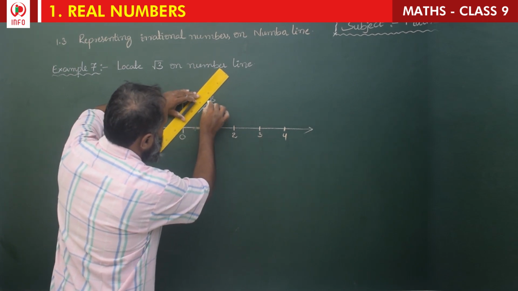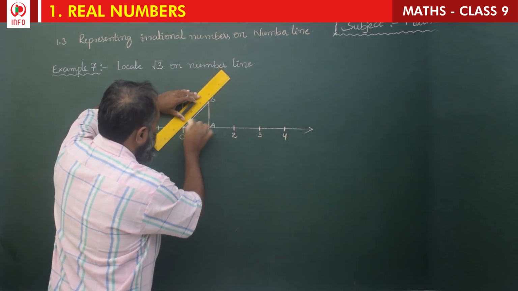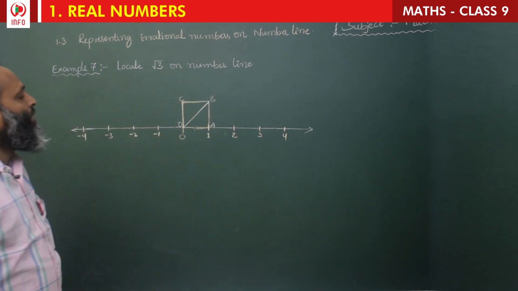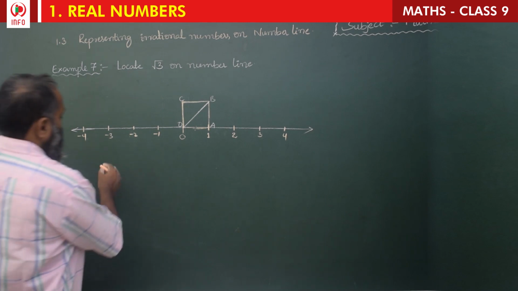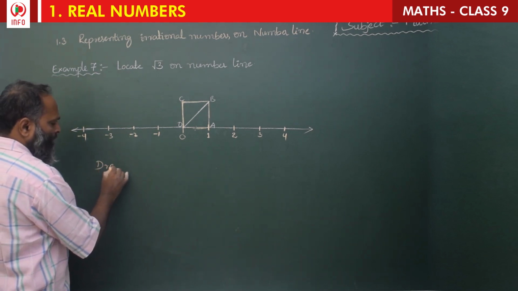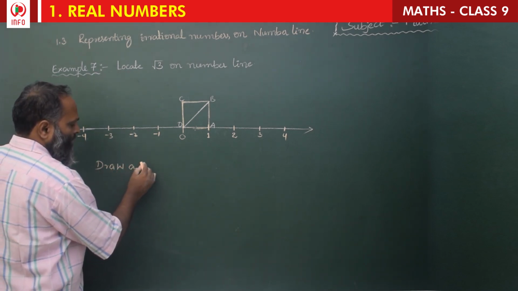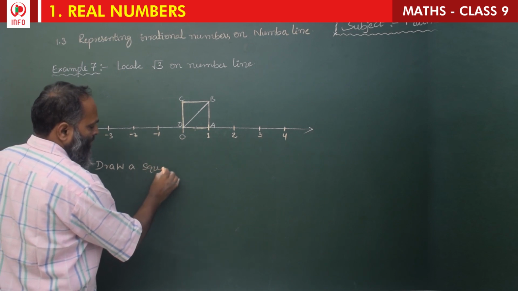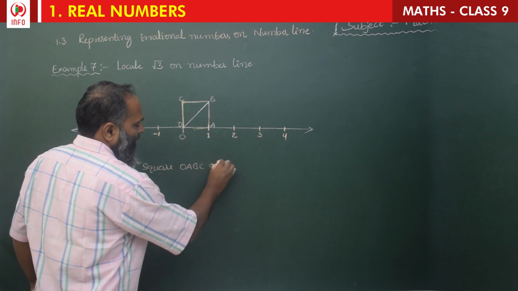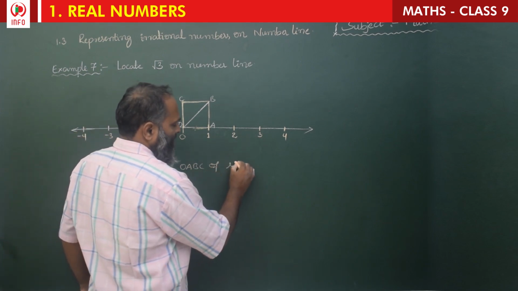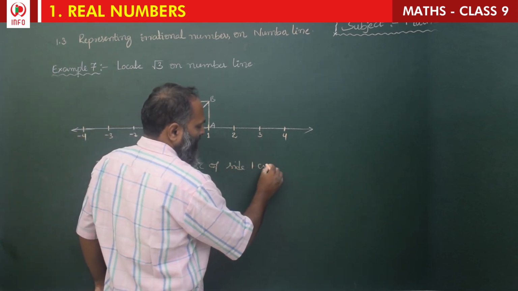In the same way as square root 2. How did we find square root 2? In the same way we should do. Now draw a square OABC of side 1 centimeter.